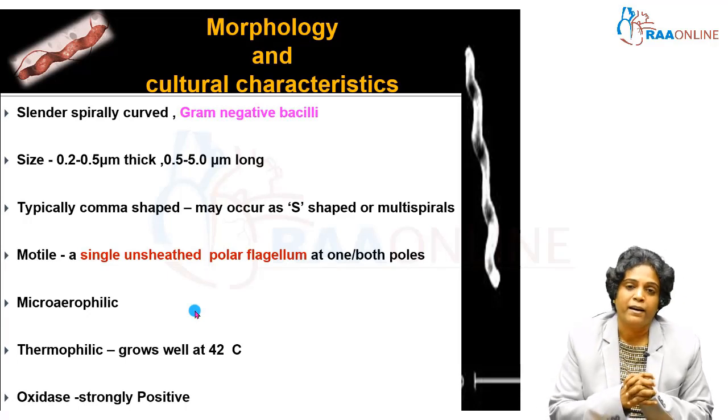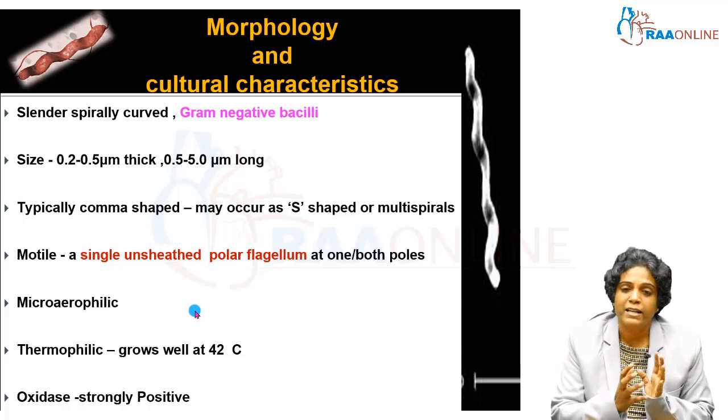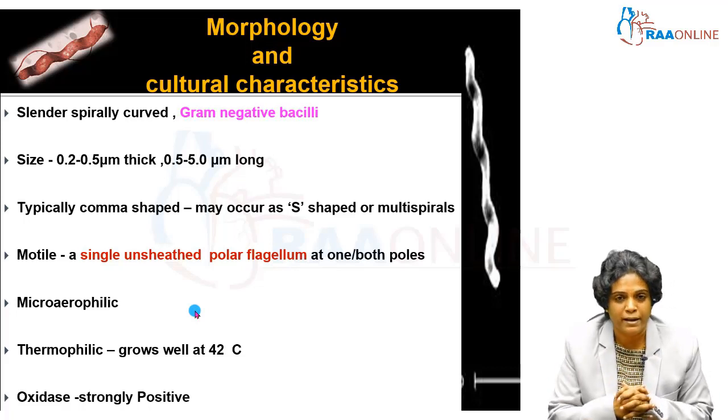So coming to the morphology of this bacteria, it is a spiral-shaped, curved bacteria, and that is why initially they named it Vibrio foetus. Later they changed the name to Campylobacter foetus, or other species like Campylobacter jejuni.